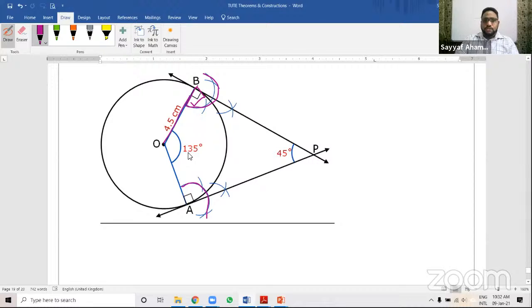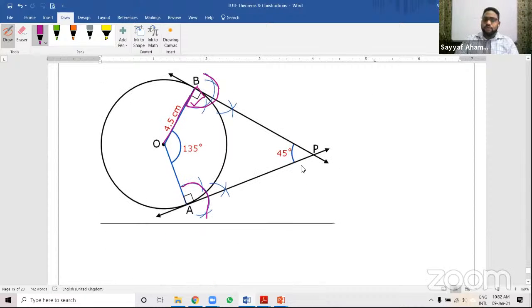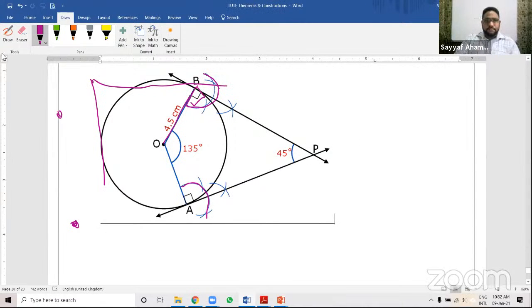Is that clear? So the angles you can disregard, but based on the feature, you can draw this. If you draw one line from here, it is the same thing that you will copy to the other side. Even if you are drawing from this point or whatever point you are starting from, it doesn't matter. You need to make sure it touches only a single point on the circumference.